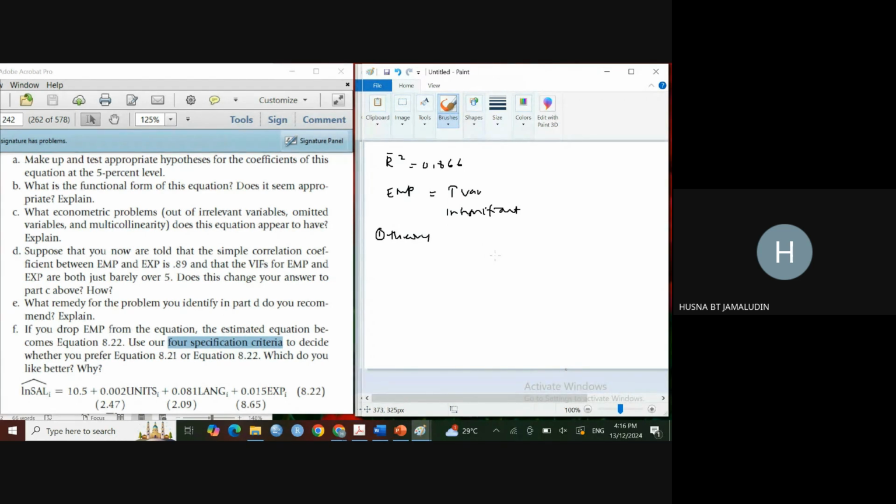What do you think? When you are working longer, do you think that your income will be higher? Your salary will be higher? Longer in years. Well, of course, right?